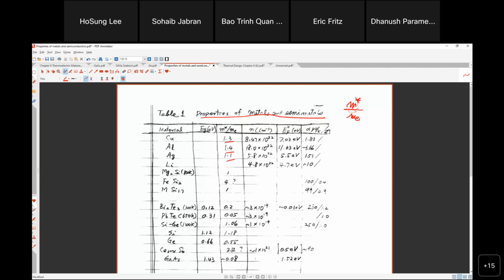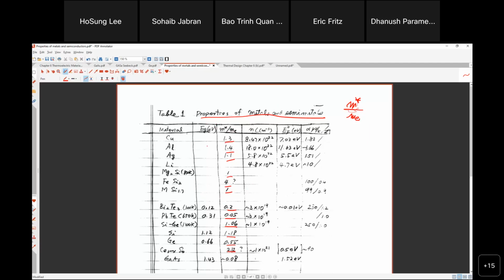This is either experiment or computation. We can figure it out. Interesting, so the density of state in terms of electron mass is known.